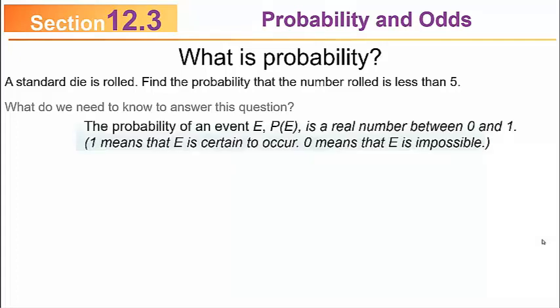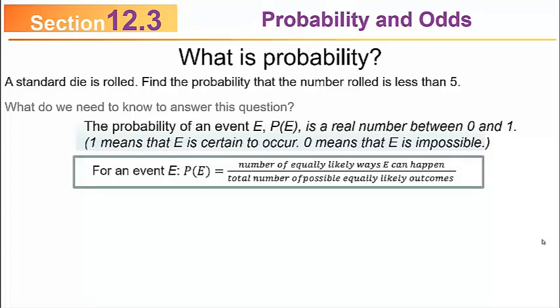First of all, we need to know what we mean by probability. We have to be precise. And for us, the probability of event E, which we write P of E, is a real number between 0 and 1. If the probability comes out to be 1, that means the event is certain to occur. If the probability comes out to be 0 for the event, that means that event is impossible.